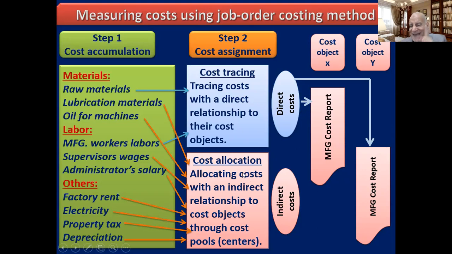But as for indirect costs, we say allocating. How do we allocate these costs? This will be the subject of 2 chapters later on. And at the end, we can sum the costs assigned to each product, whether direct costs or indirect costs.